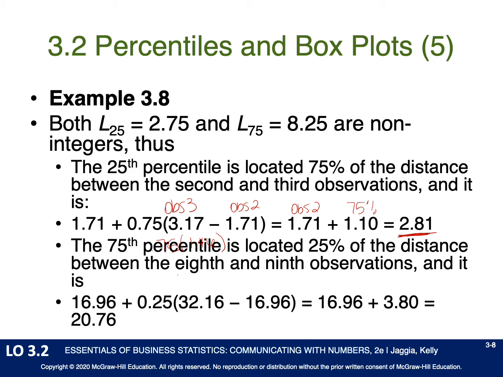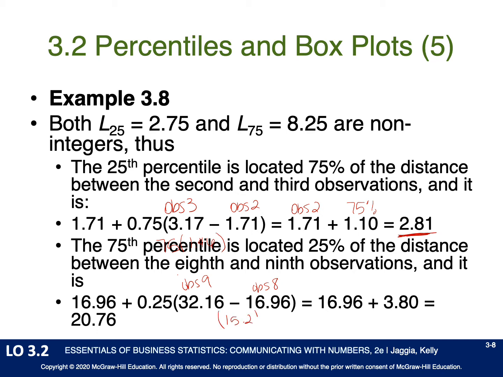All right, so our 8th observation was 16.96, and we need the distance between our 9th and 8th observation. Observation 9 is this 32.16, and observation 8 was that 16.96. So the difference between those two, 32.16 minus 16.96, gives us 15.2.